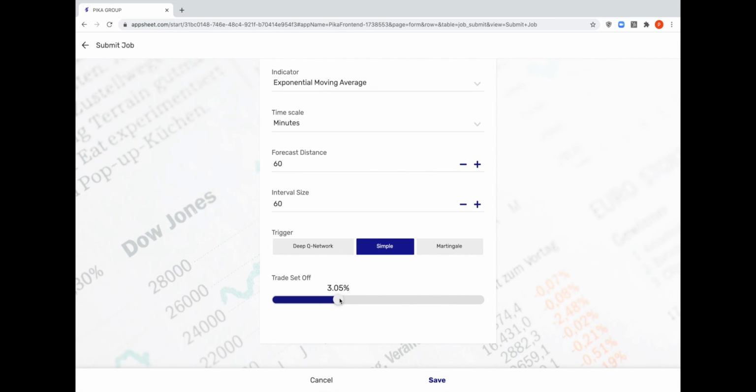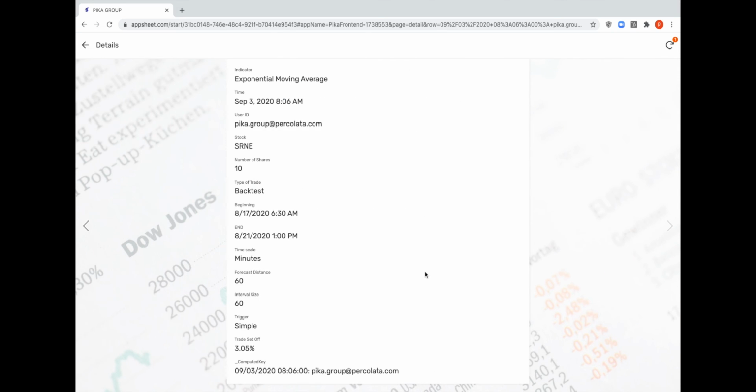So for example, here I would state that if the forecasting price is 3.05% higher or lower, then the trade should be executed, and if it's below that, then nothing will happen. After clicking save, you're going to see your submission, which is going to also appear in your job history.